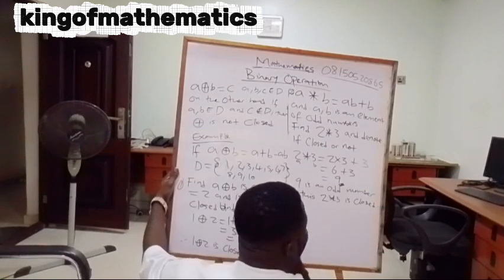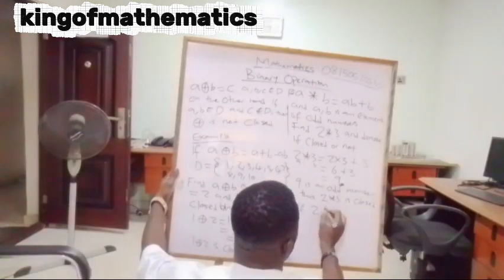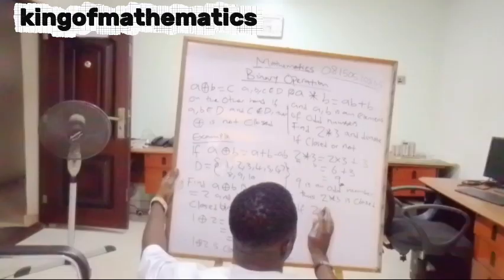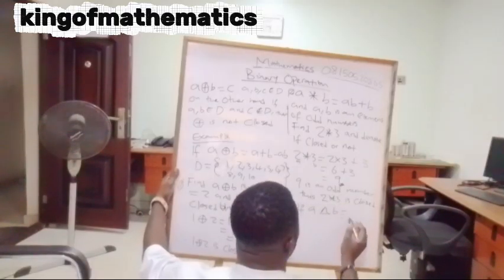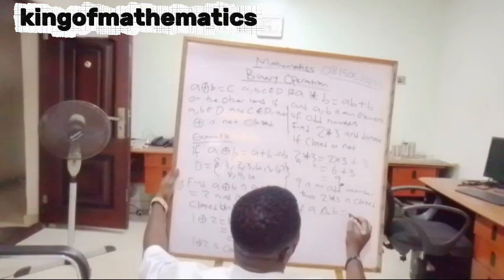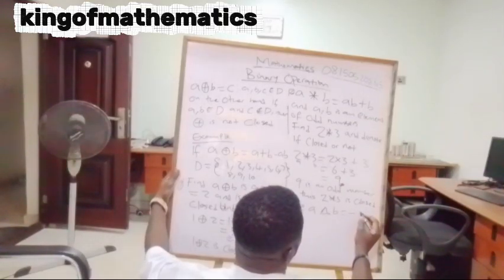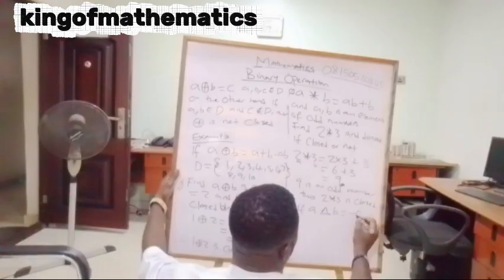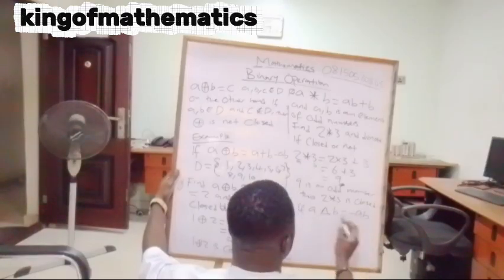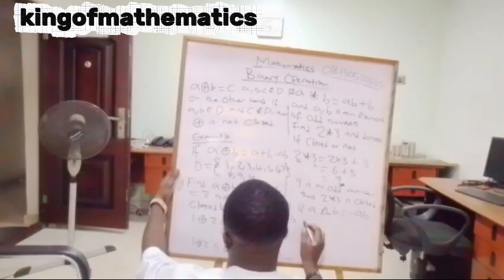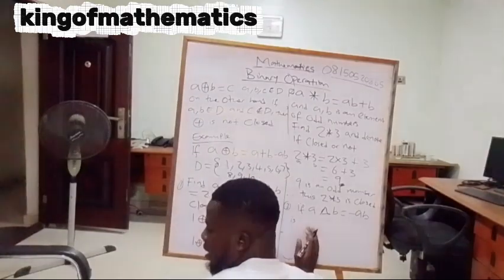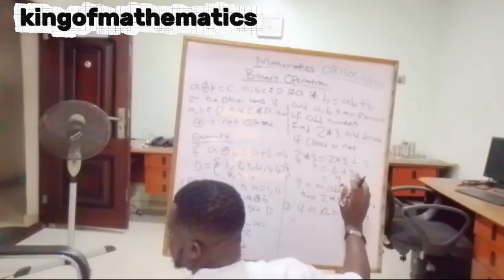If A operation B is equal to minus root AB, let's say it is a real number.